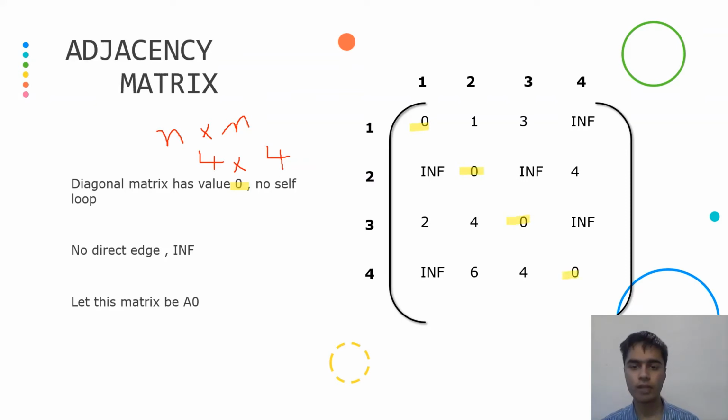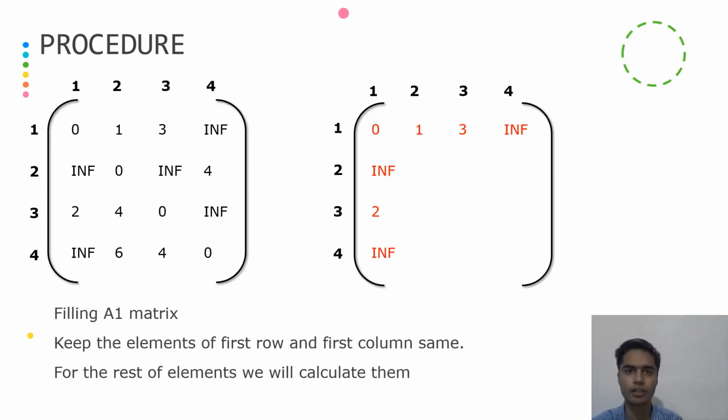Now for the rest of the elements we are going to fill them with the value that corresponds to the direct edge weight, like between vertex 1 and vertex 3 there exists a direct edge whose weight is 3. Now for those pair of vertices which do not have a direct edge, like between vertex 4 and vertex 1 there is no direct edge, we are going to fill this with infinity, and we are going to name this matrix A0.